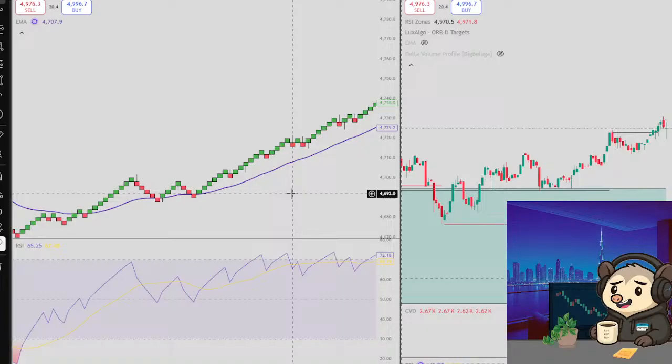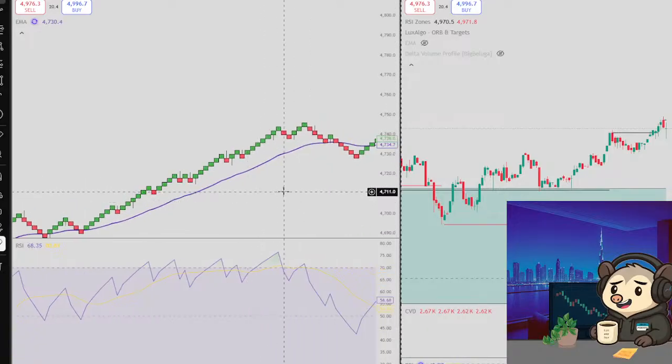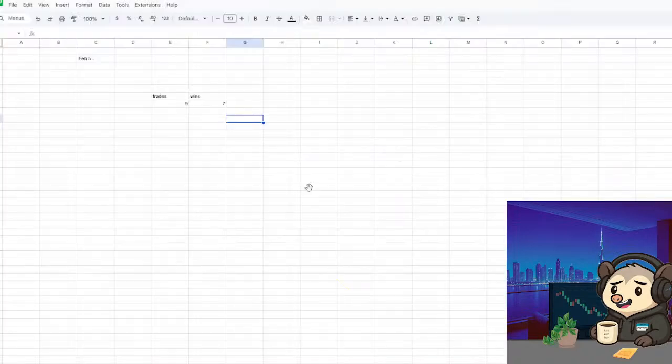So here's a loss, 1, and then it's 1 loss. That is 2 loss. That is 3 loss. And that is 3 losses. That's technically a win. And then another win. So that's 3 losses and 2 wins.